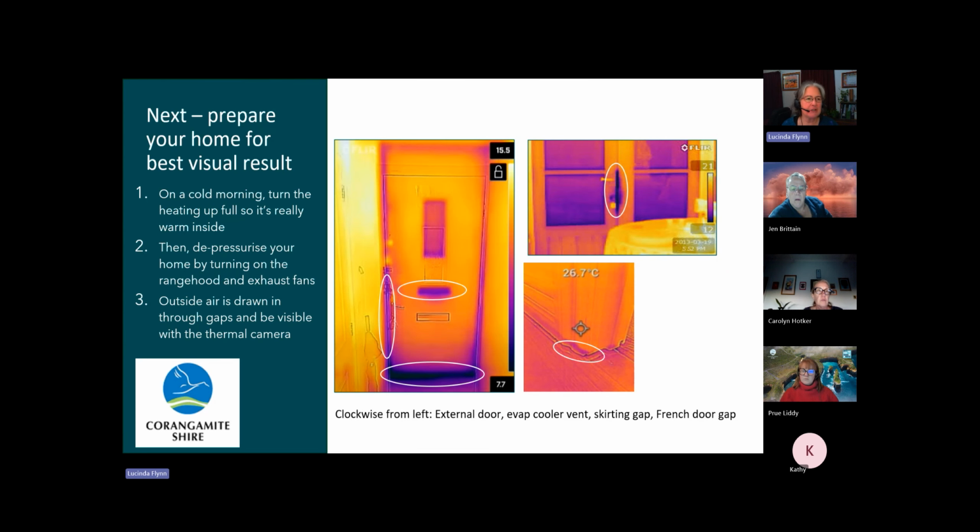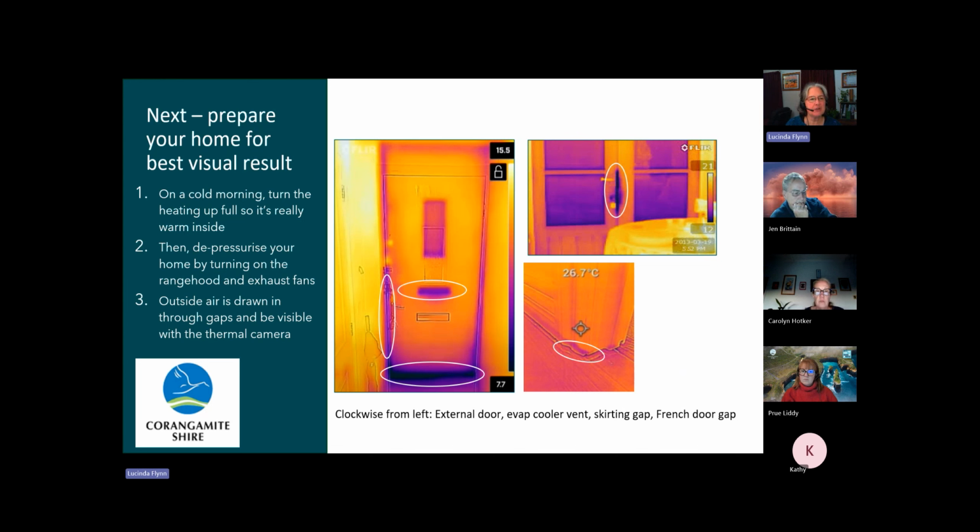Then what you need to do is set up your home to get the best result. And what that requires is to have the biggest difference between outside and inside temperatures that you can get. One way to do that is by depressurizing your home.